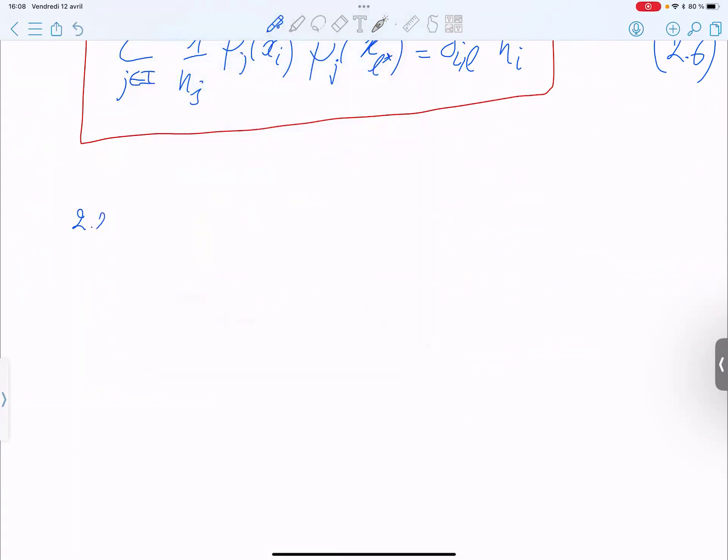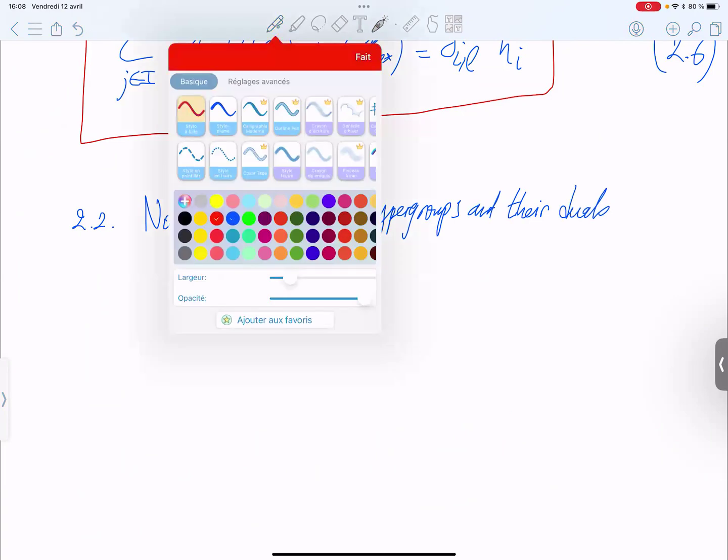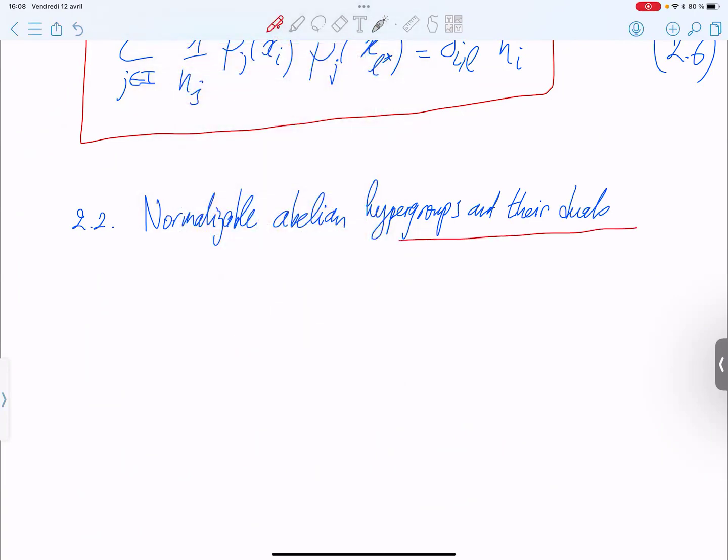So two, normalizable abelian hypergroups and their dual, and we make the pause.